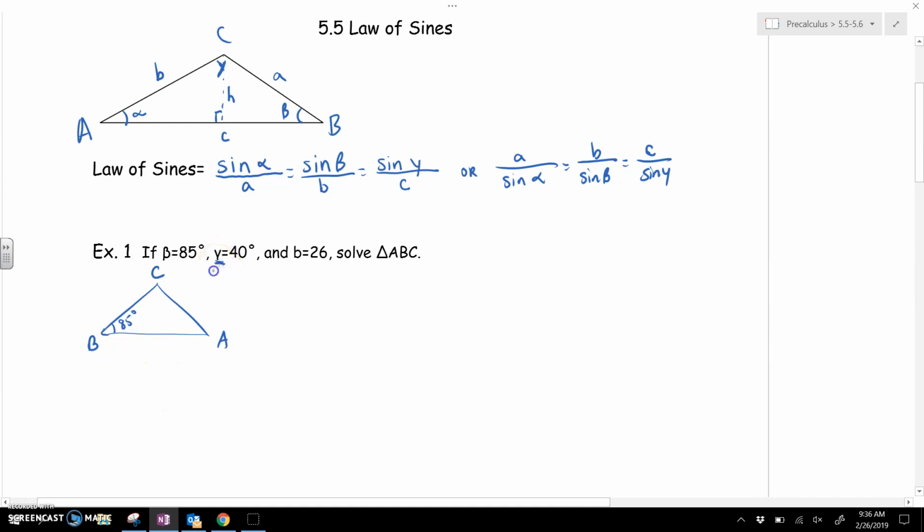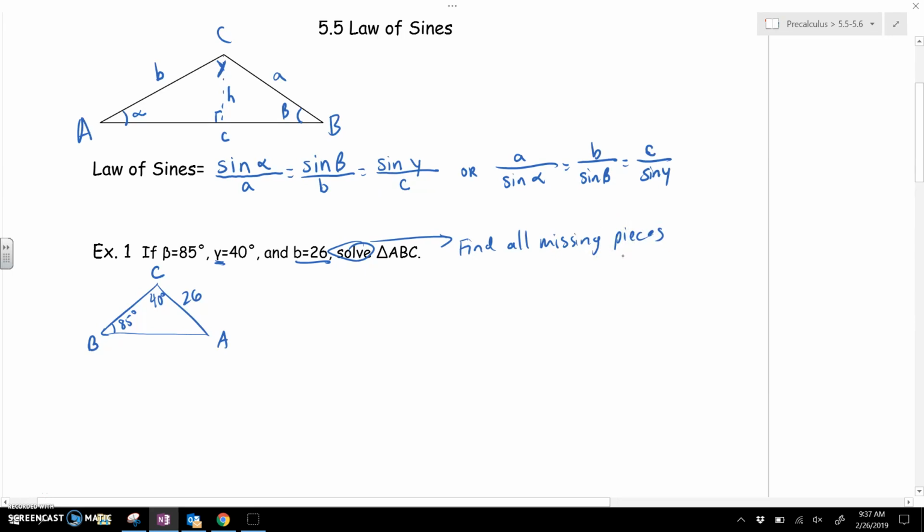The angle at C is the 40 degrees. We don't know A, so we're not doing anything with that, but then they also tell me that b, the side across from angle B, is 26. Now, reminder that when it says solve a triangle, that means find all the missing sides and angles, so all the missing pieces.